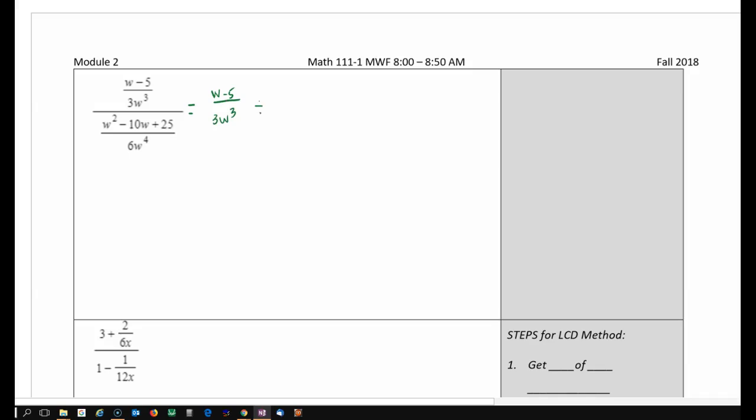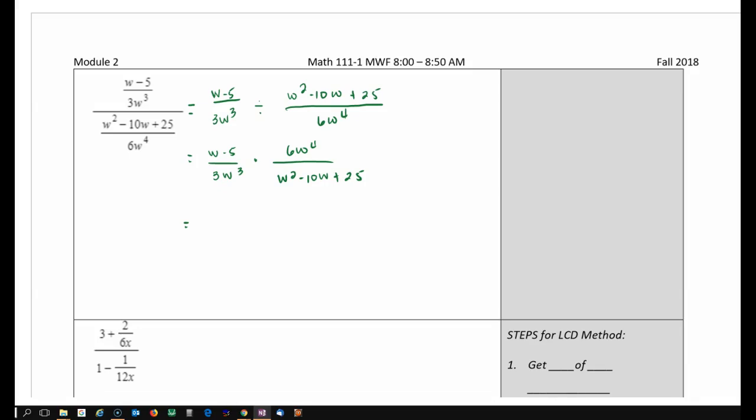Write it as division. Flip the divisor. Okay. Cancel common factors.